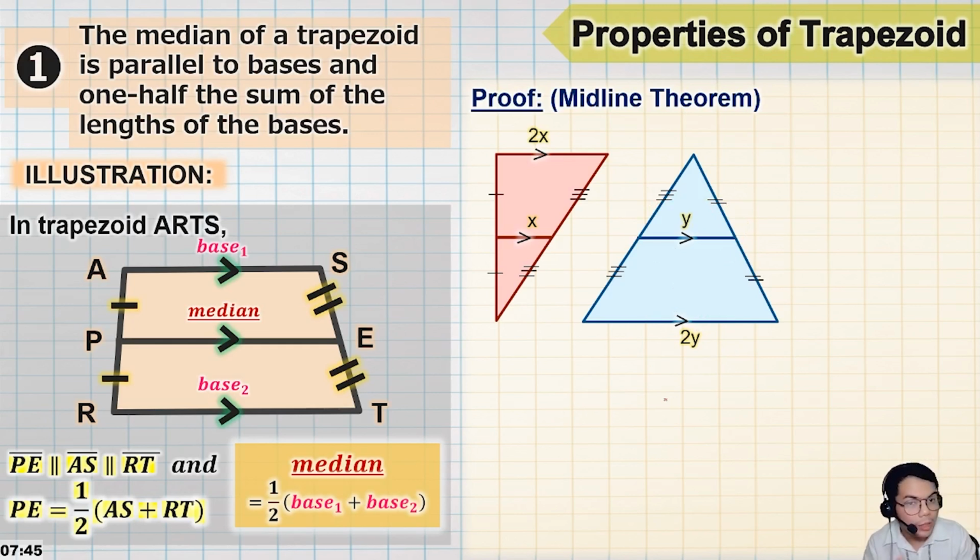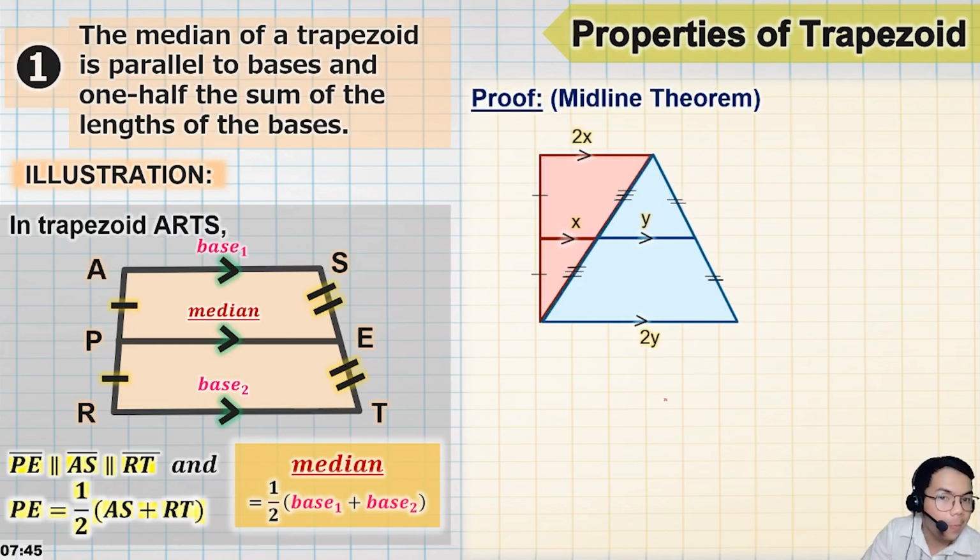But watch, when we try to connect these two triangles, do they form a trapezoid? The side containing 2x serves as the upper base, and the side containing 2y serves as the lower base. Right? So, how do we confirm that the median is equal to one half base 1 plus base 2?